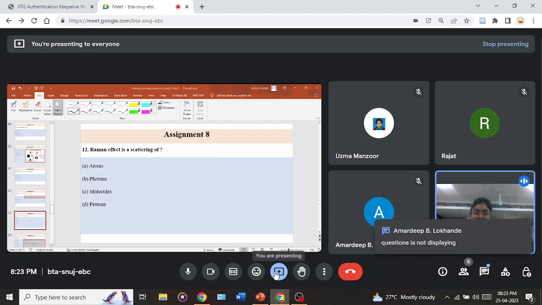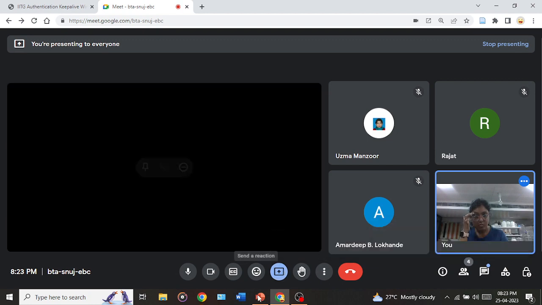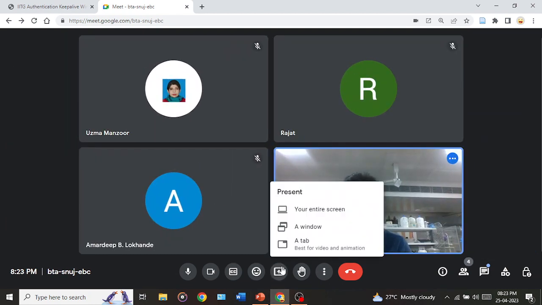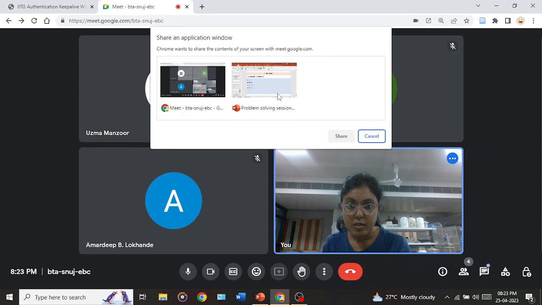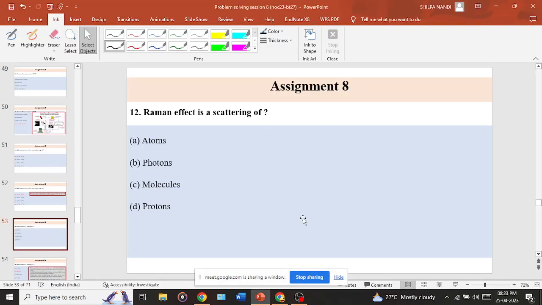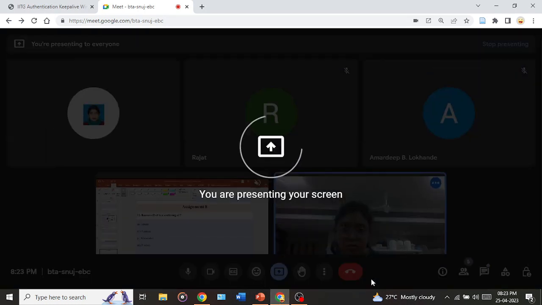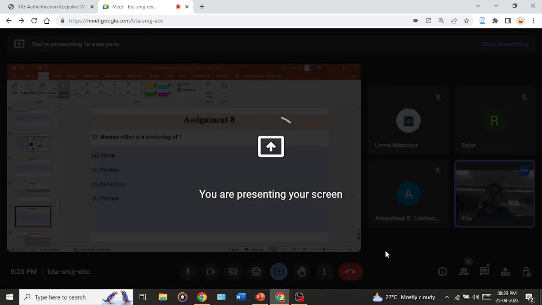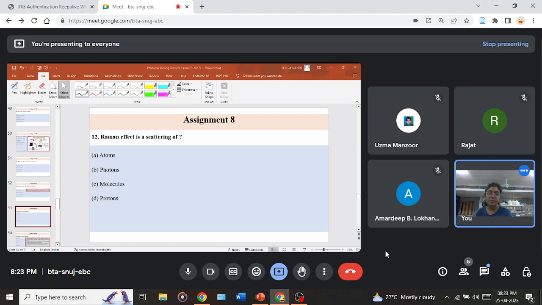Question is not displaying. Okay, just wait a minute. Can you see now? So Raman effect is a scattering of atoms, photons, molecules, or protons.